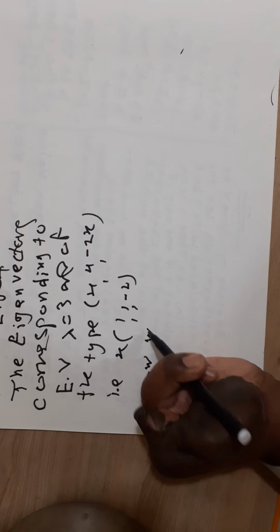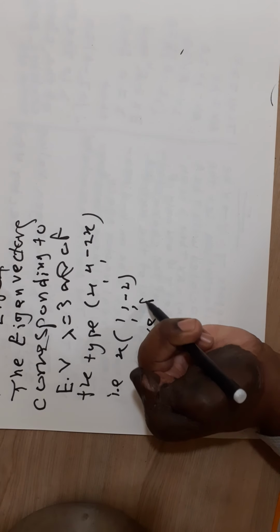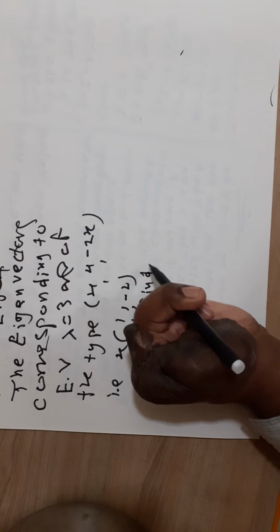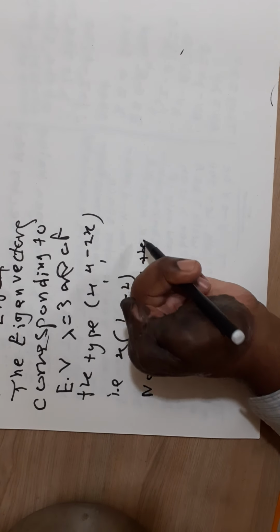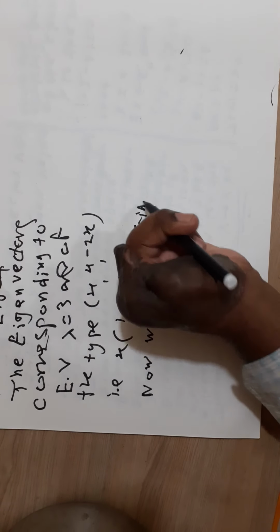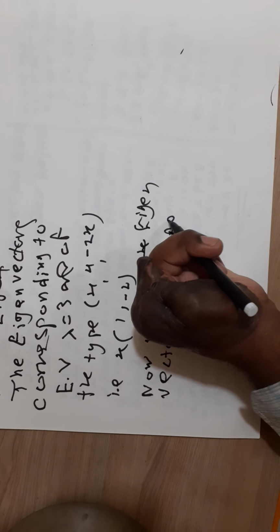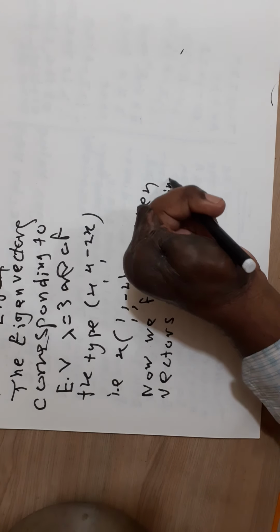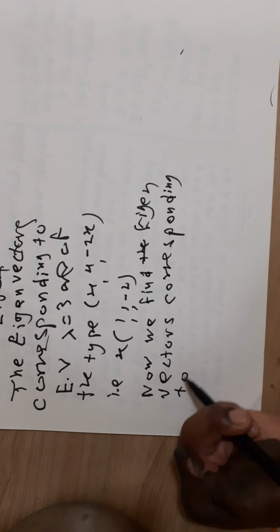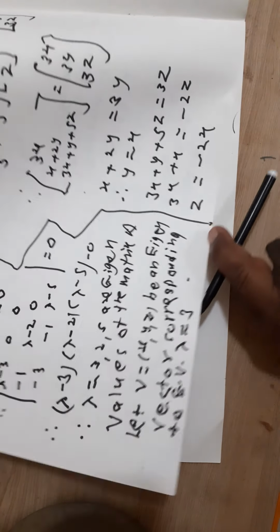We find the eigenvector of the matrix A corresponding to lambda is equal to 2.